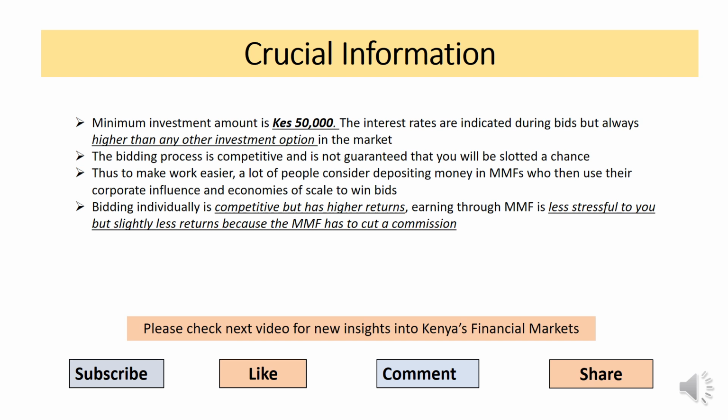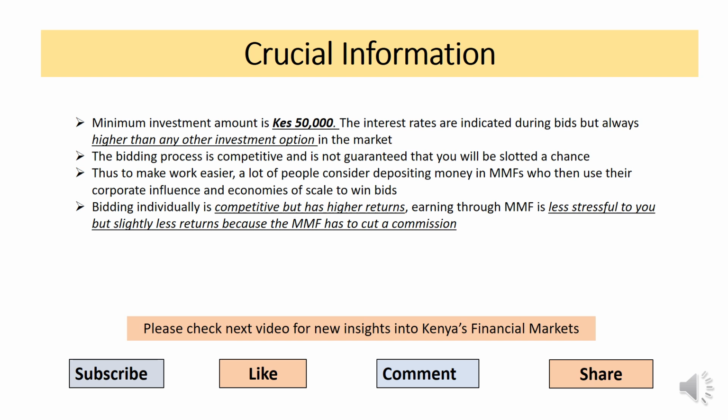So there is a way to work around this, which is called MMF. When we talk about MMF, these are companies, financial intermediaries. These are investment banks. These are stockbrokers who are banking on their corporate influence and economies of scale to always win bids whenever a government floats a bond.